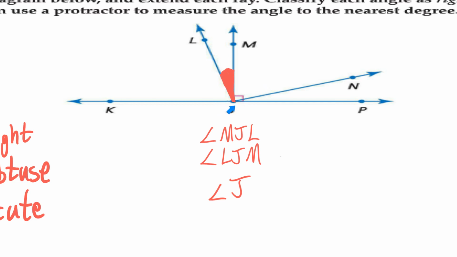Yeah, because if you just said angle J, it might be this one, it might be this one, it might be this one. If you just named this angle J, I would have no idea what you're talking about. So in this case, where there's more than one, this is a no-go. You could not name this angle J. So make sure if you wrote angle J, you put an X through that to show this is not the way to name that angle.